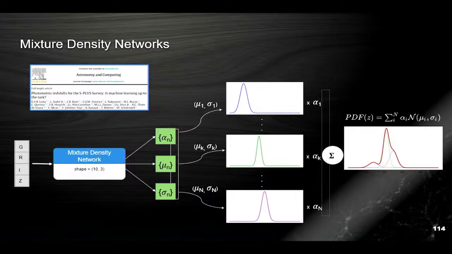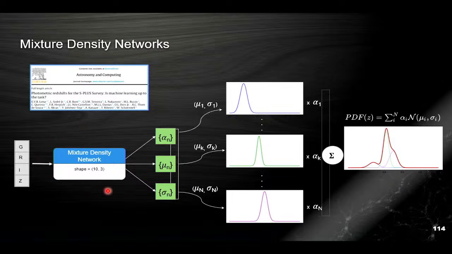Okay, so what is this about? How do we define error? So the mixture density neural network is a very simple and powerful idea, okay? But you will also see very easily its limitations.